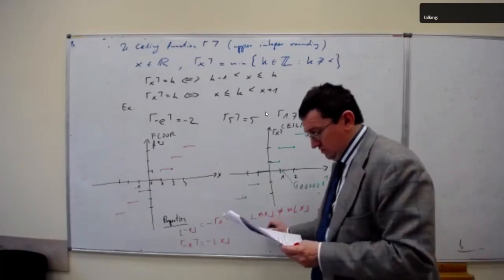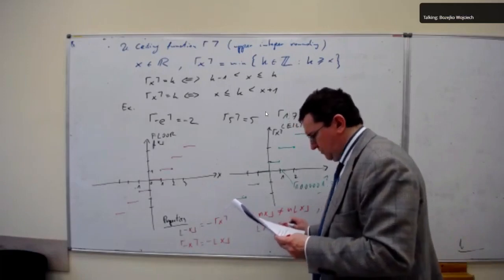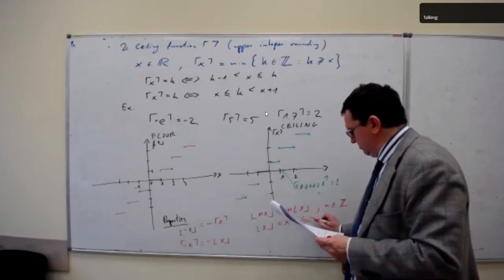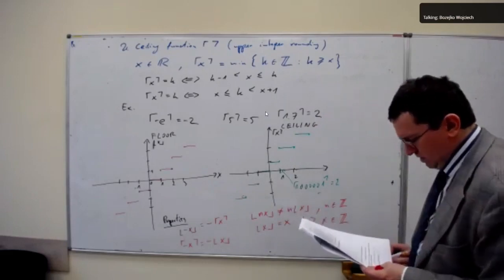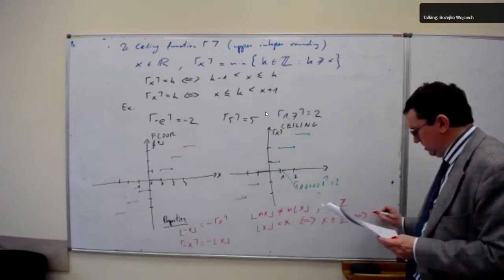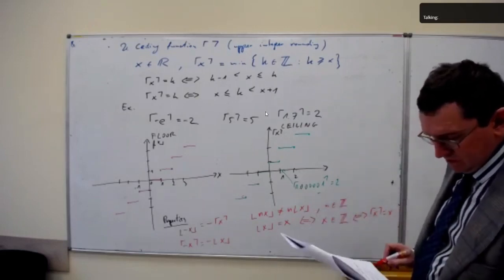And if floor of x equals x, that means that x is an integer number. This is quite easy. Similarly, ceiling of x equals x.